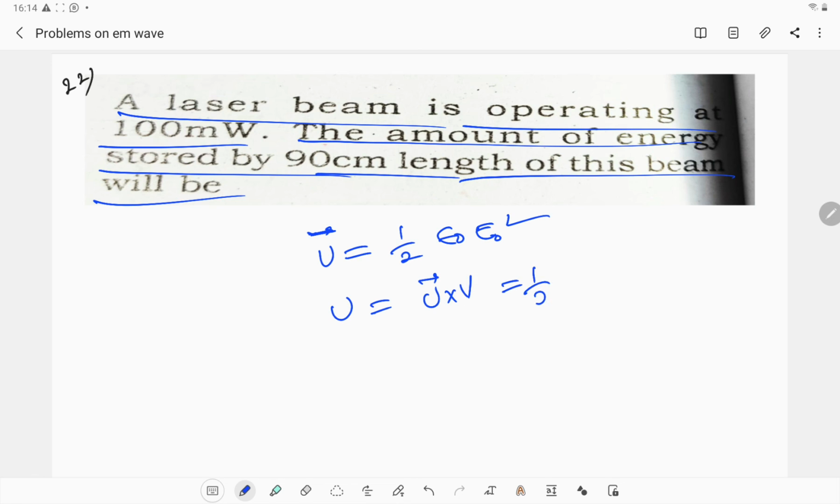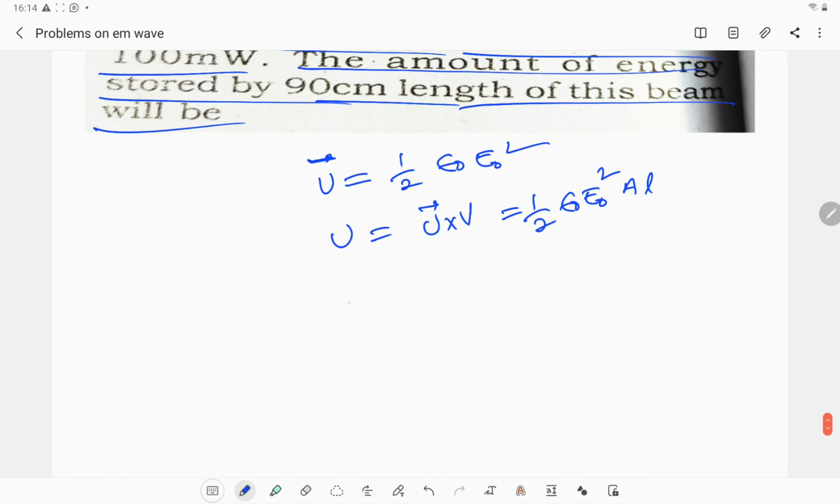Volume means area into length. Therefore, U is equal to 1 by 2 epsilon naught E naught square into A into L.